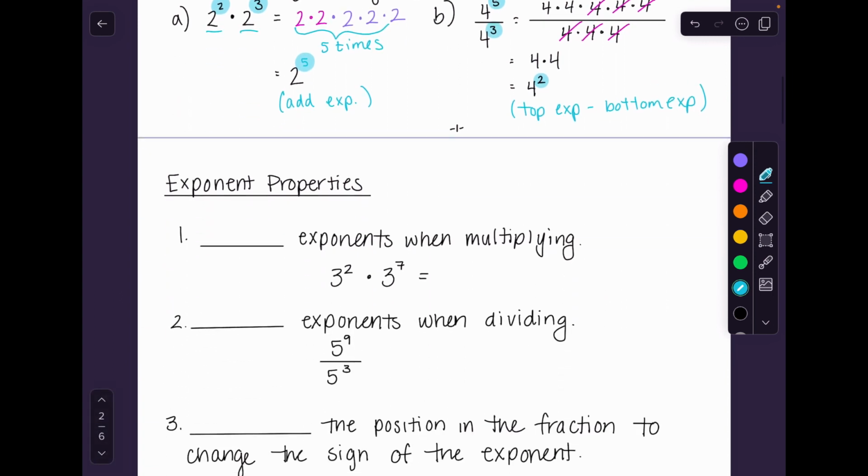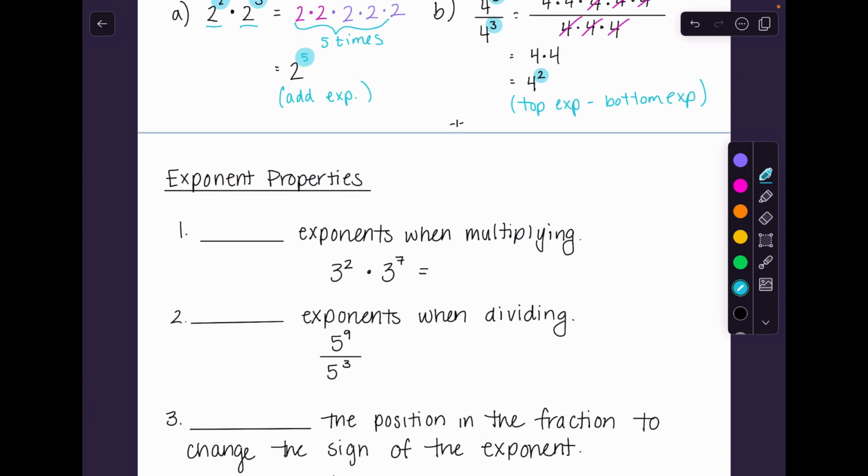So these are our two exponent properties. We're going to add exponents when multiplying. So to give you a quick example, if you do 3 to the 2nd times 3 to the 7th, the base stays the same. We add the two exponents together. So this condenses to 3 to the 9th.